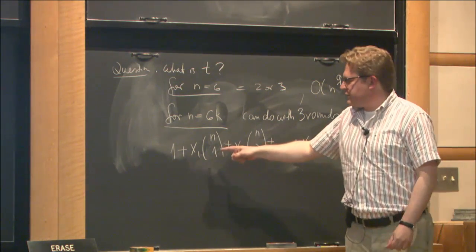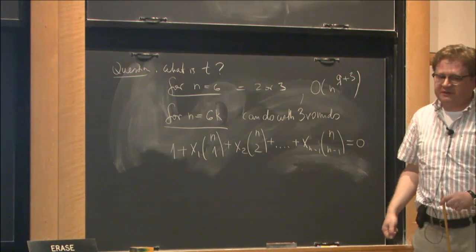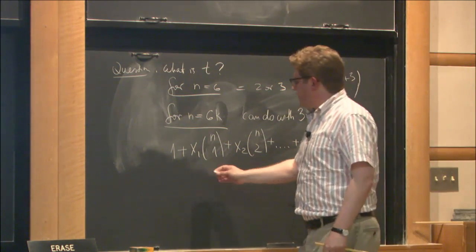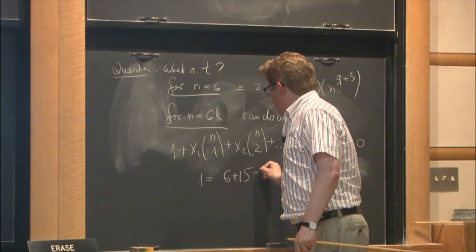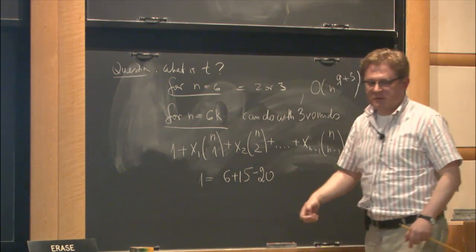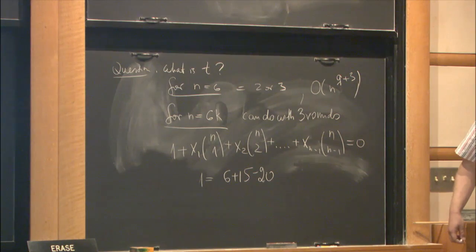You can think about it like this. You express 1 as a linear combination of binomial coefficients of n. For 6, you can do it, because you can write 1 as 6 plus 15 minus 20, which is 6 choose 1, 6 choose 2, 6 choose 3. Use the greatest common divisor of binomial coefficients, leaving aside 1 at the beginning.